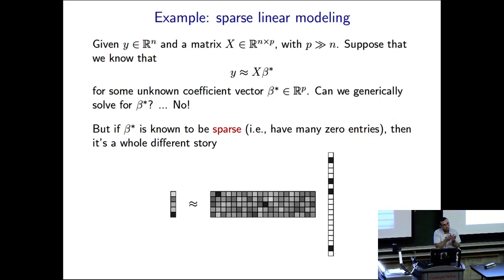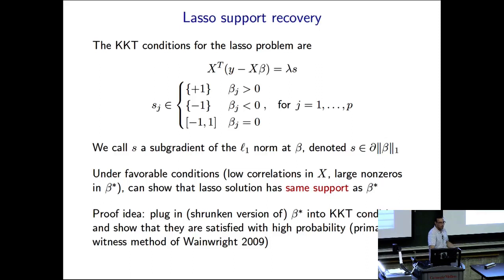So it's not like it's non-zero but really close to 0. It's actually separated from 0. So those are maybe favorable problem conditions. You can actually show that the lasso solution has exactly the same support as beta star with high probability.